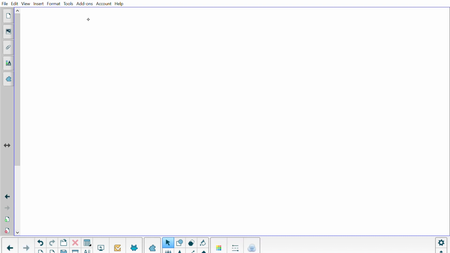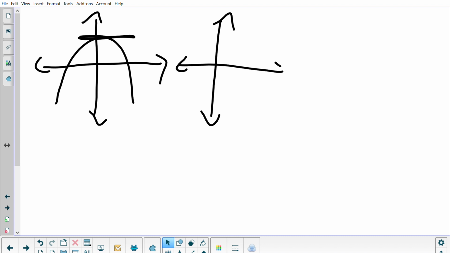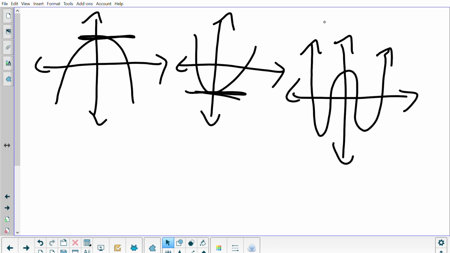When they give me a graph, it can have a maximum. That means this is the highest that the graph gets, or a minimum. Some graphs, though, the maximum is infinity.